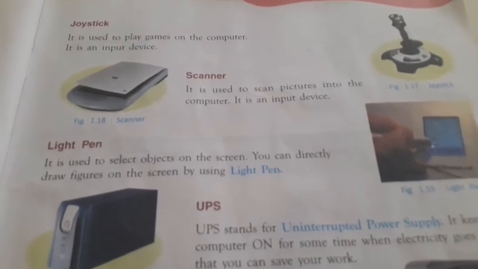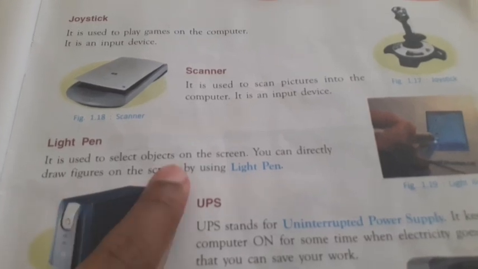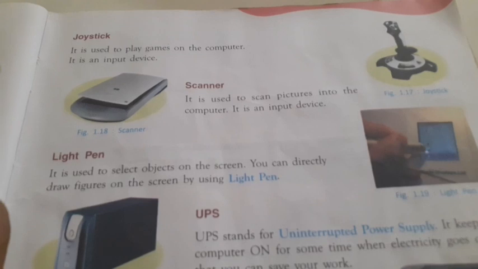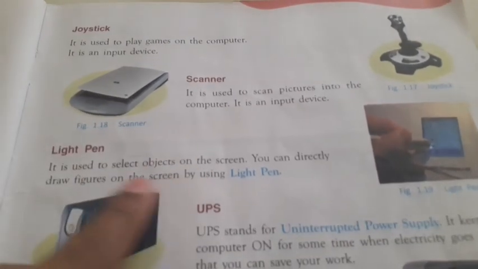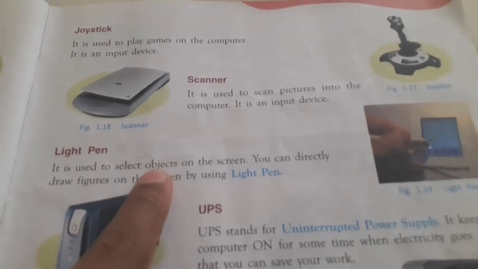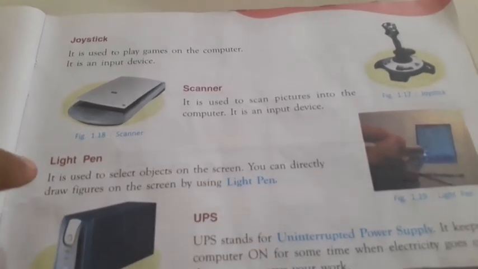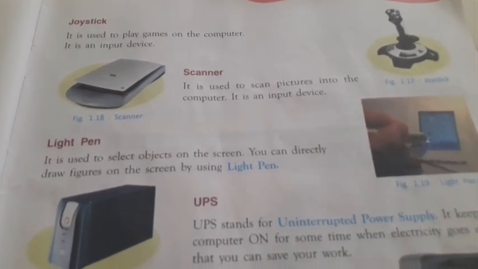Then we can use the light pen as a mouse. We can directly draw figures on the screen by using the light pen. What we are drawing on the screen will come to the computer. Then we can select the objects also. As we are using the mouse, the same thing we can do with the light pen from a little far also.